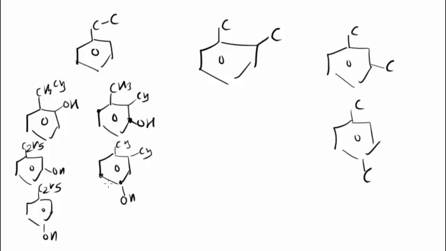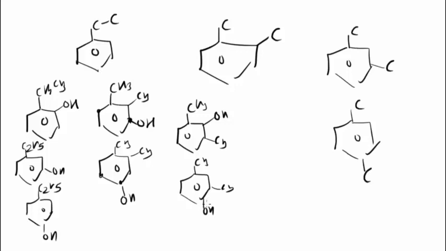Then from this third skeleton, I can get this phenol; this position is different. I can get this phenol, this position and this position; these two are identical, so we will write only one. And one I can get from here, right?